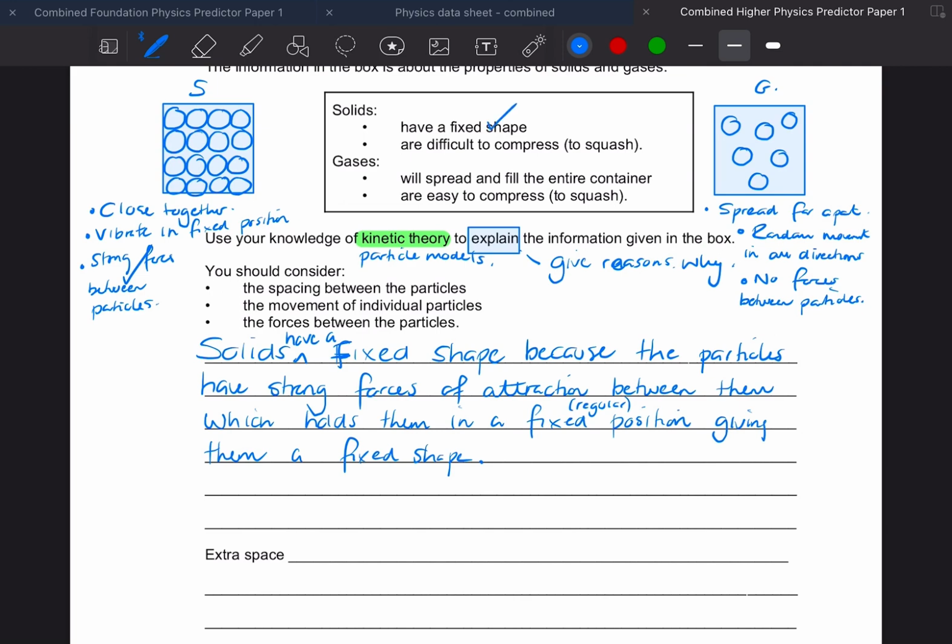So why are they difficult to compress? Let's use our properties. Because the particles, we can use this first one, are close together.